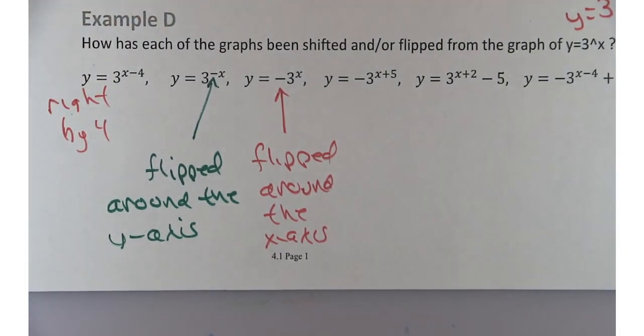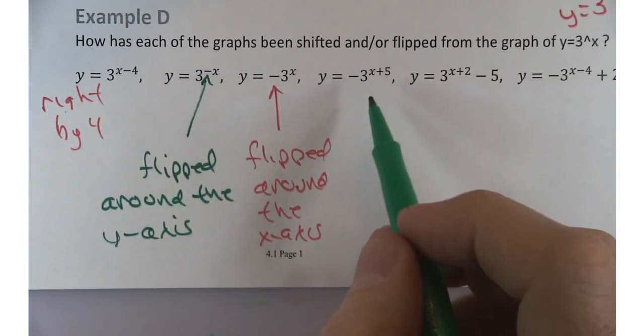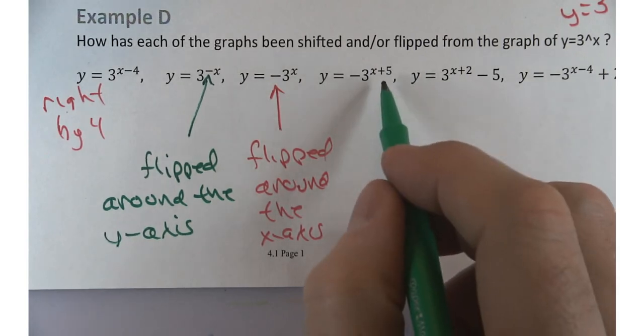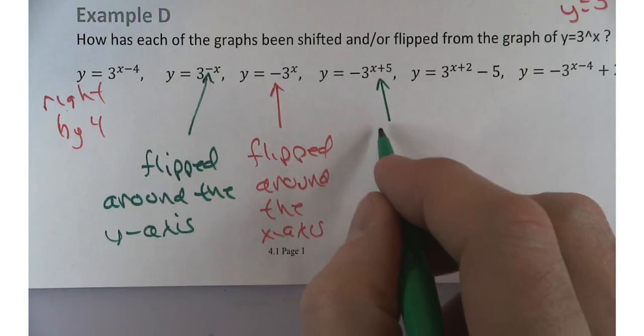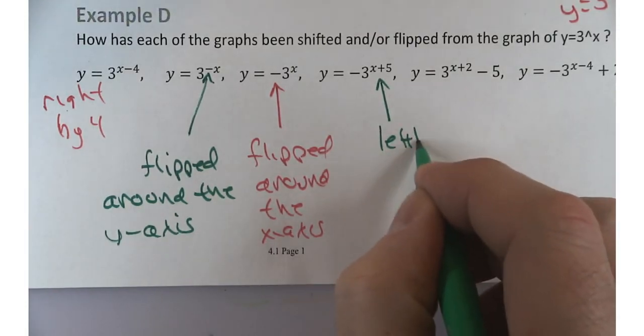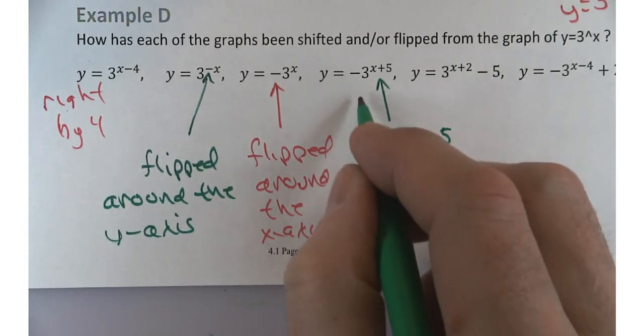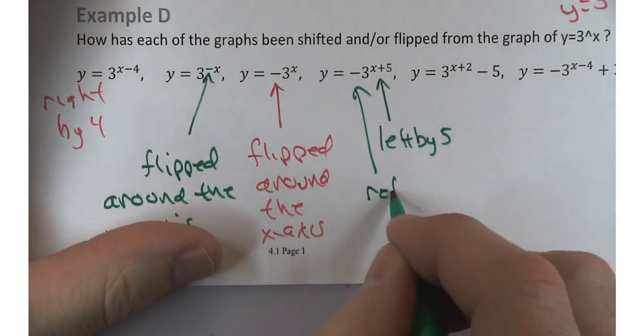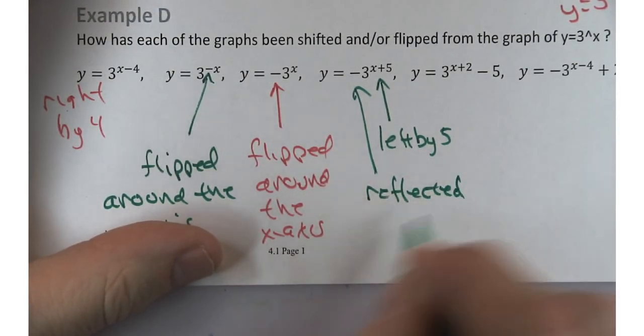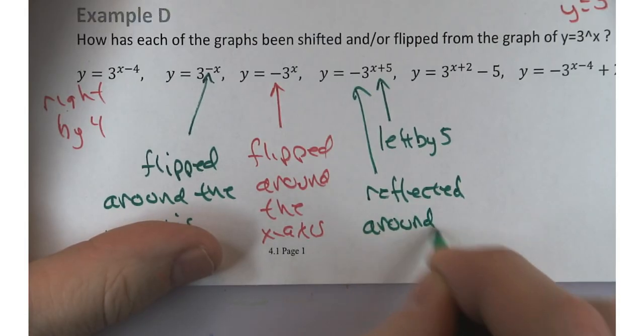Now you start getting into combinations of things. So in this case, let's take a look. What's the plus 5 going to do to the graph? Oh, left. Left by 5. And reflected how, Heba? Around the x-axis. Reflected around the x-axis.